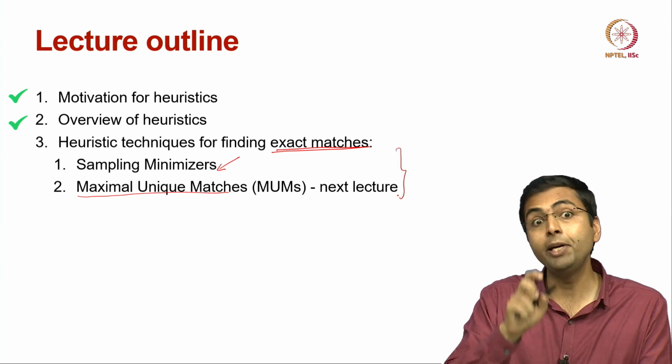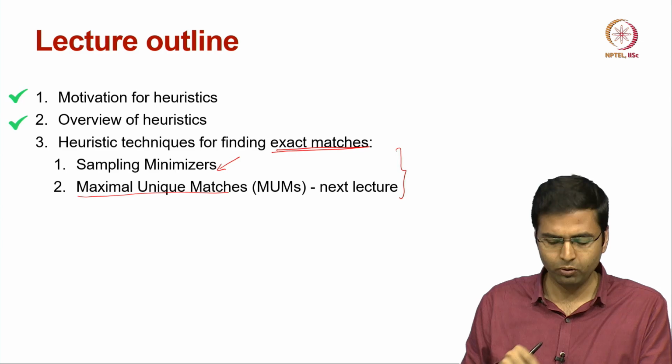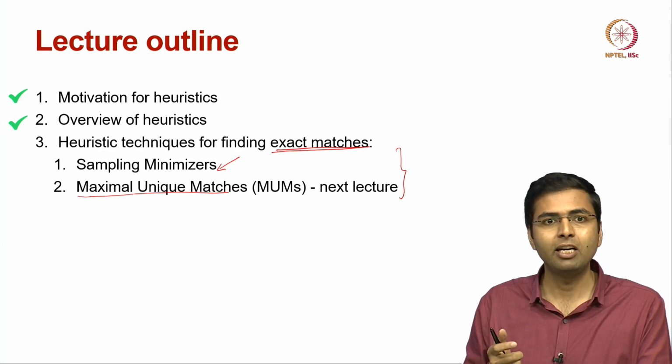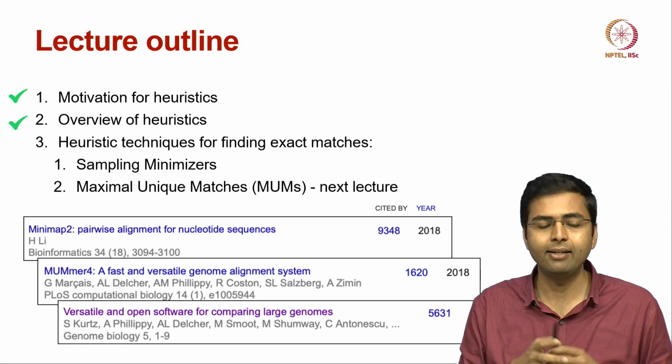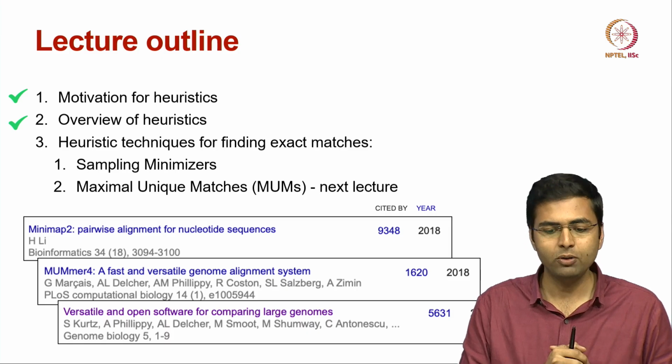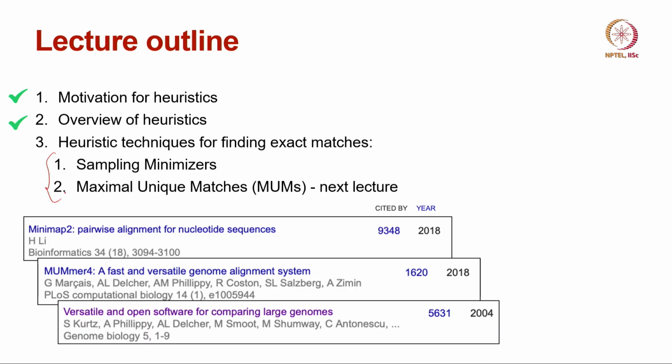These are not the only two techniques, but the reason I chose these two is because they are widely used in popular methods. For example, if you use some of the highly cited alignment tools, then these two are among the commonly used techniques for finding exact matches between two sequences. So, for this lecture we are going to focus on the minimizer technique.